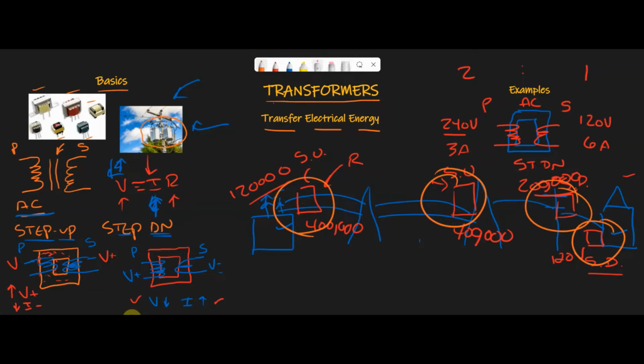All right, so recap real quick. Transformers transfer electrical energy. A couple of pictures here show you what they look like. There are two types, a step up and a step down. There's a primary side and a secondary side. The step up has more coils on one side than the other, as does the step down, depending on if you're stepping up or stepping down.